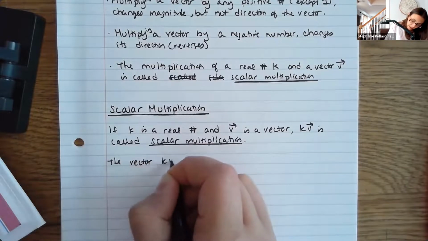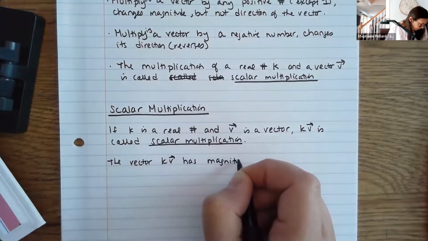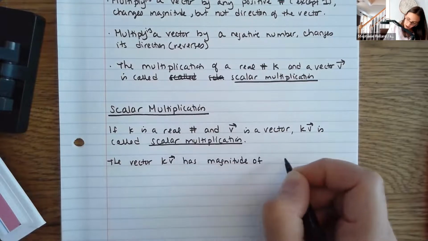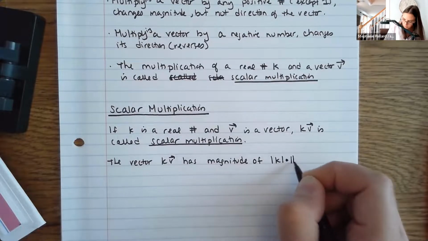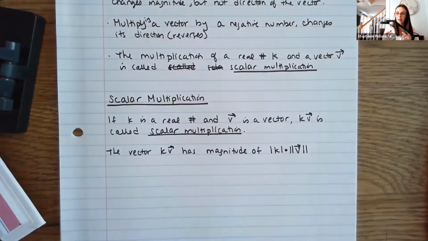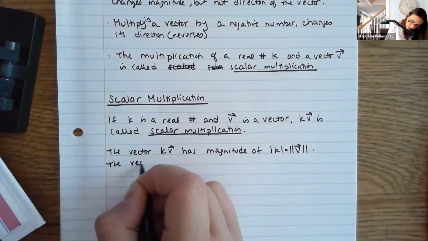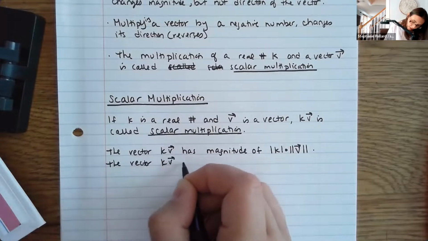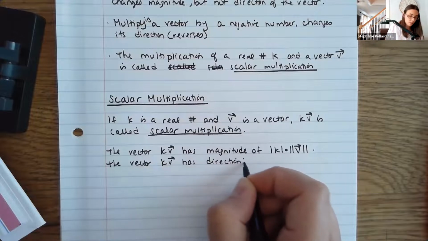The vector kv has magnitude of the absolute value of k times the original magnitude of v. So whatever that k is, you take the absolute value and multiply it by the original magnitude, and that will give you the new magnitude. And the vector kv has direction, and it's going to be one of two things.